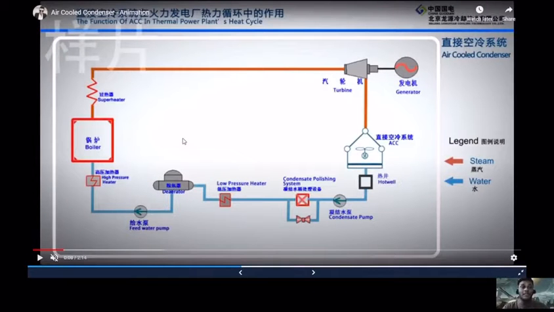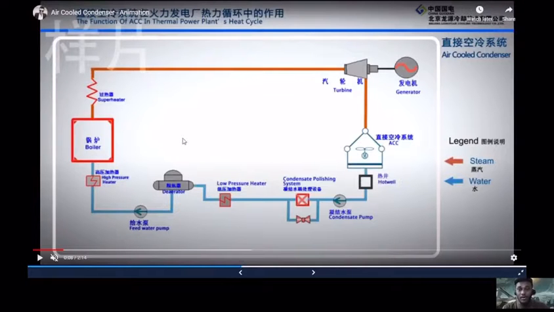Okay, the boiler sends out the steam from the superheater to the turbine. The generator changed to air cooler condenser, and at the air cooler condenser the steam changed to water.